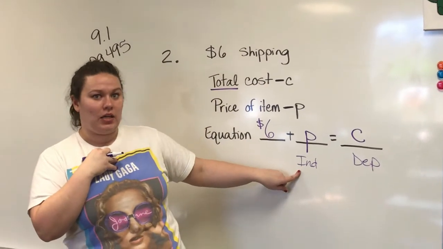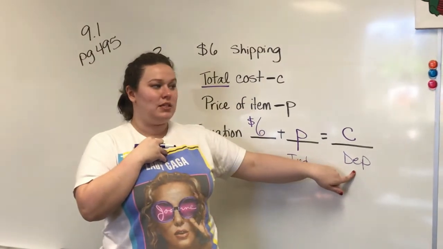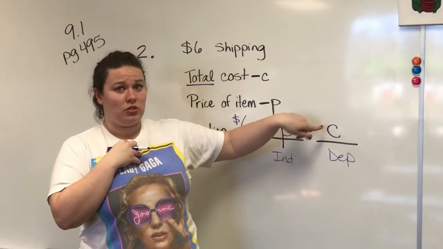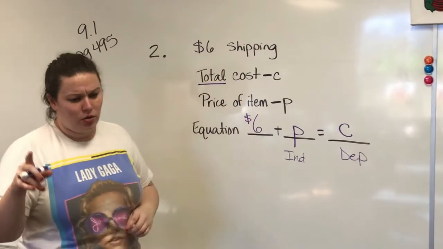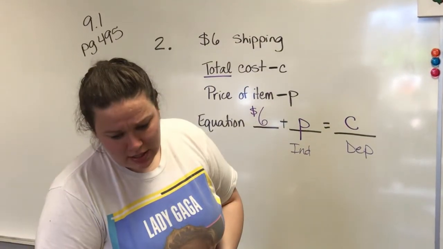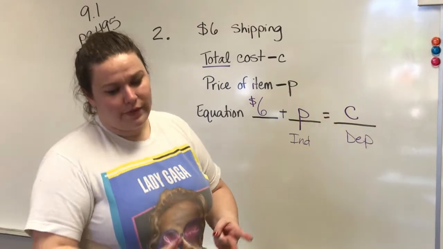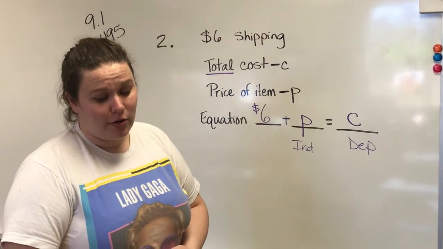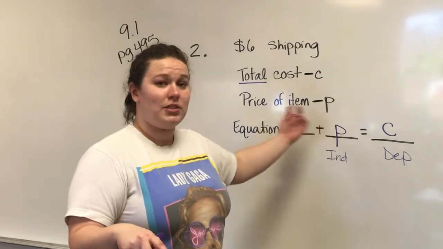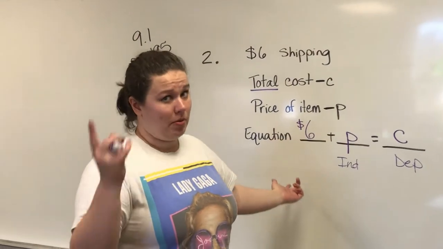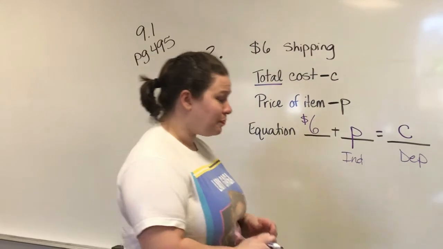I get to decide, okay? Dependent, this can change based on this. In your book, it says to write the independent variable, and then it has an equation. And if you notice in your book, the equal sign is on the wrong side. And remember that we don't like that, okay?